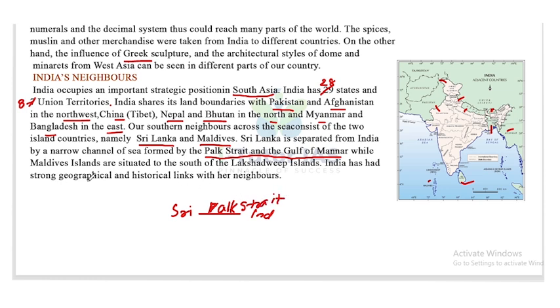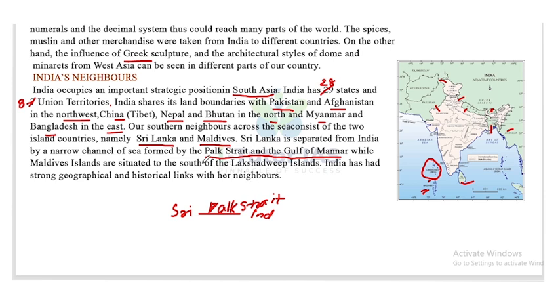Now, while the Maldives Islands are situated to the south of Lakshadweep Islands, so this is Lakshadweep. Okay, these groups of islands are called Lakshadweep, and the Maldives are situated at the south of Lakshadweep. Okay, so here is the Maldives Islands, and India has had strong geographical and historical links with her neighbor. Okay, so that's about the India and its neighbors.